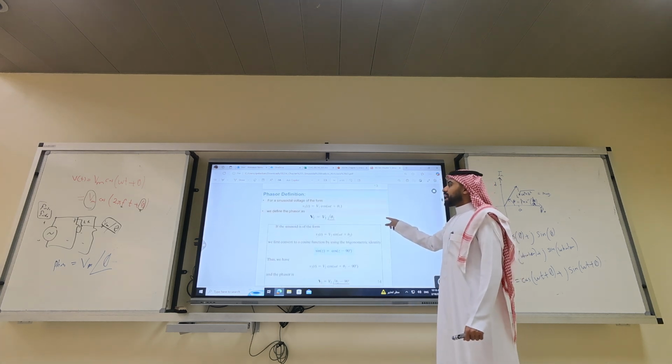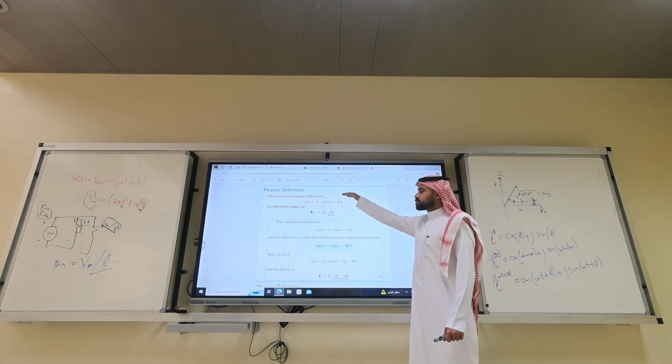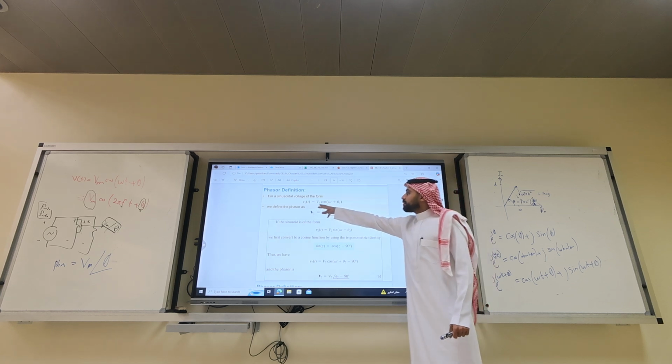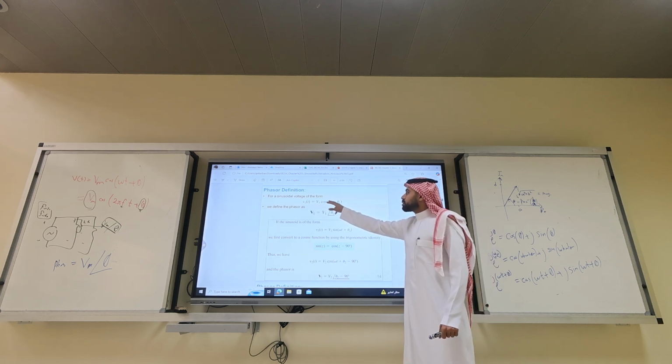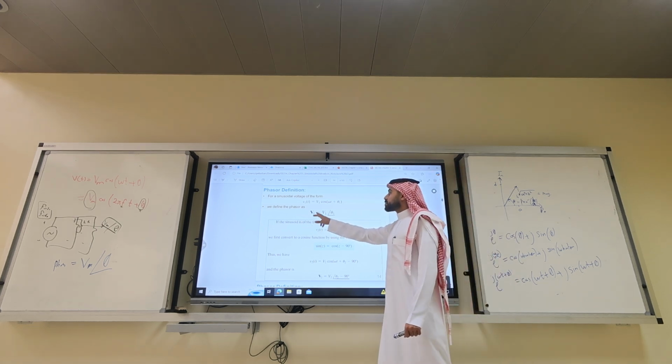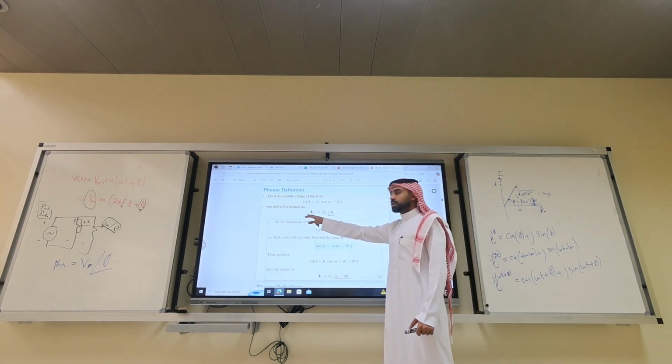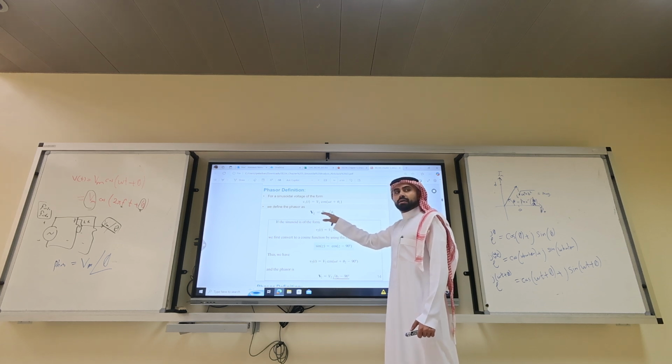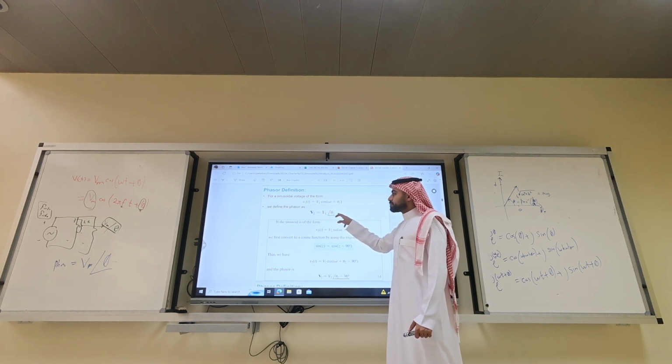So, for a sinusoidal voltage, which we have in this course, v1 of t equals V1 cosine of omega t plus theta 1. We define the phasor as bold V1 equals V1 at angle theta 1.